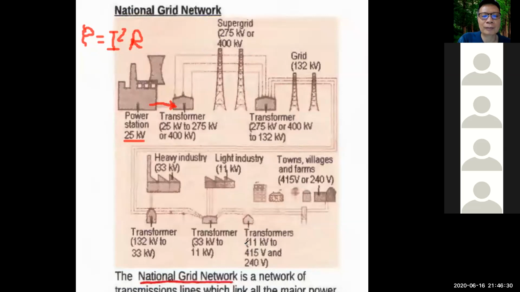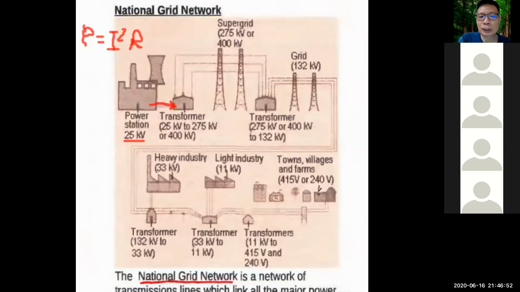From 11,000 step down again, use another transformer to 415. And last, then only 240. This one is for us, for the housing area.